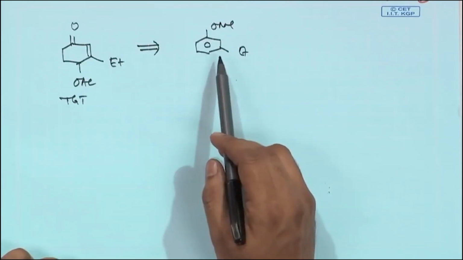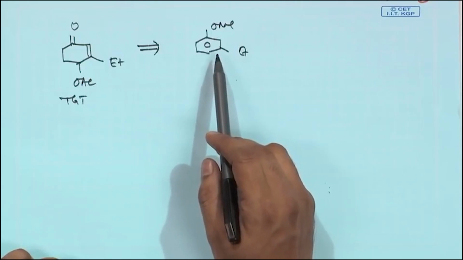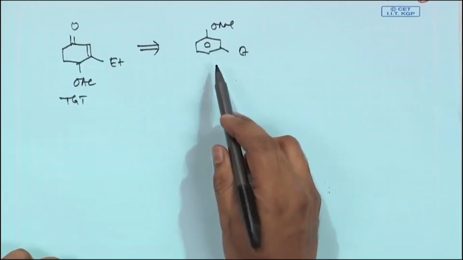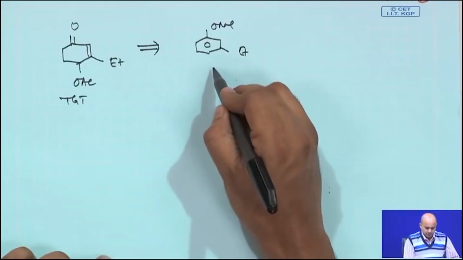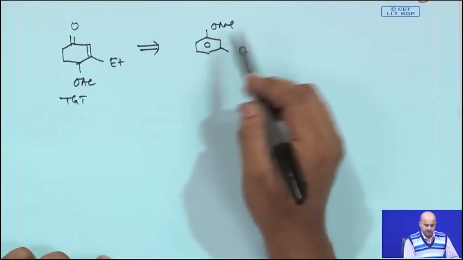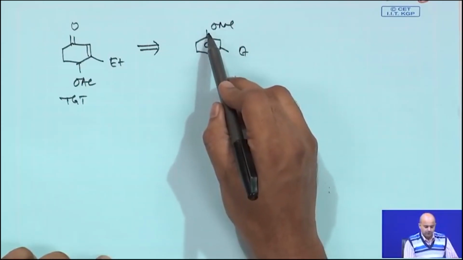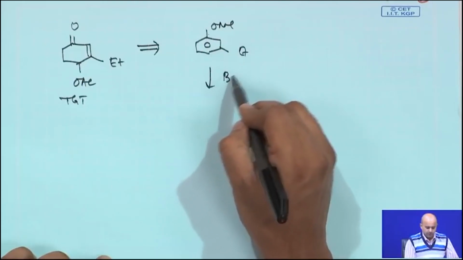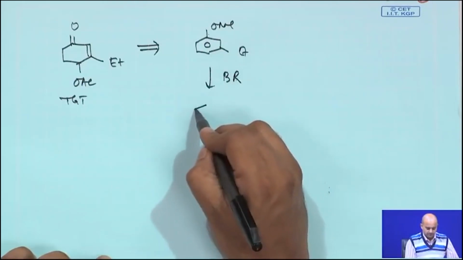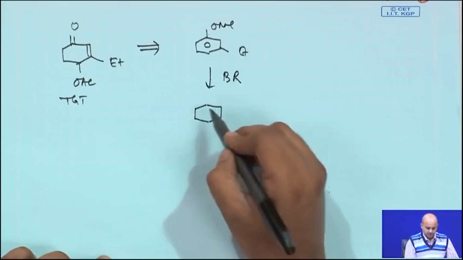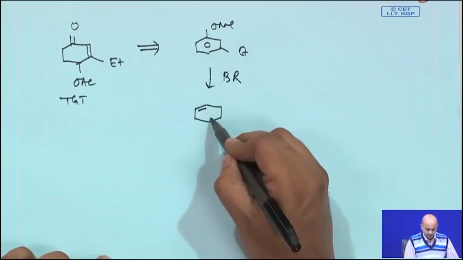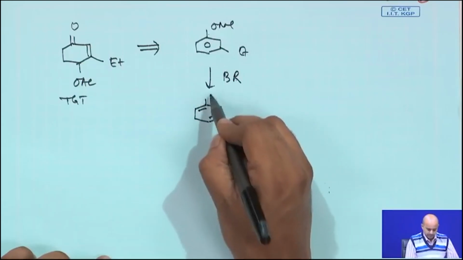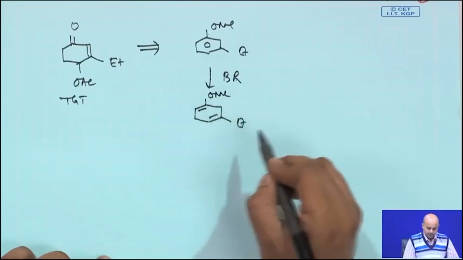So, the initial step you need to do is a Birch kind of reduction, so that the aromaticity will be disturbed. Now, this compound has an electron releasing group here as well as here. So, if this compound undergoes Birch reduction, it will give you this product.